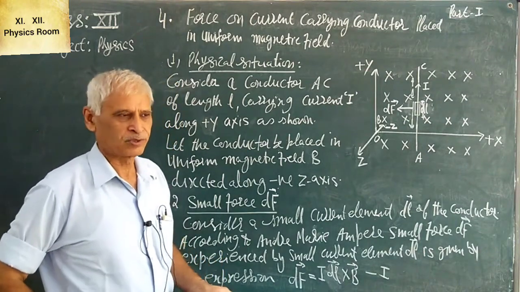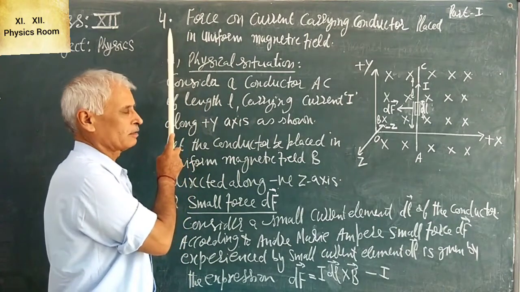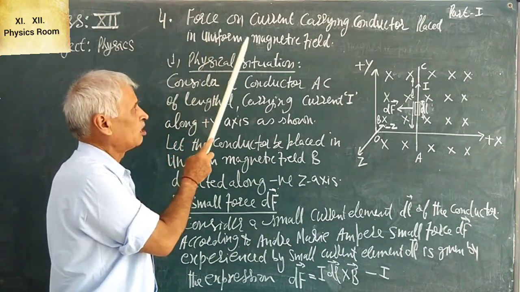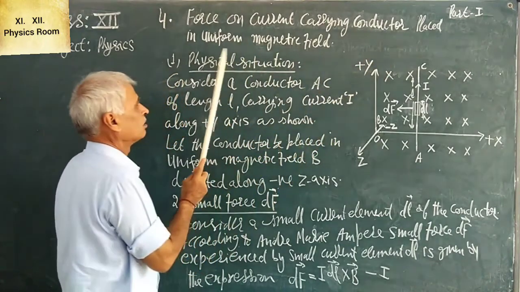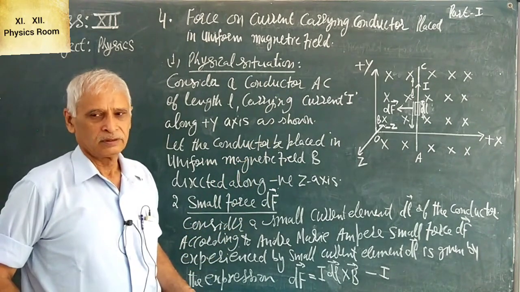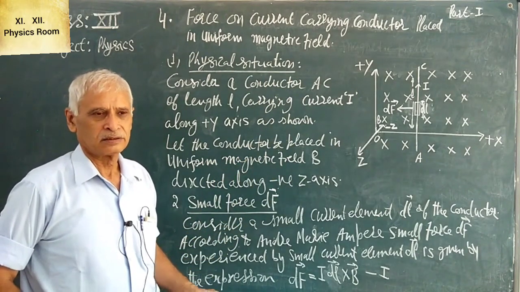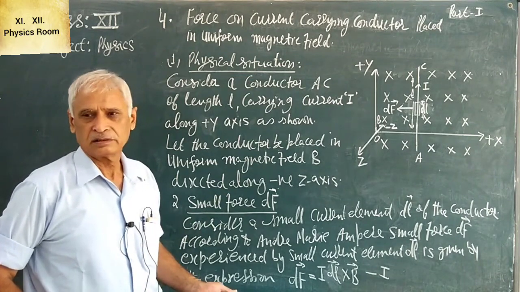Today we proceed to the fourth topic of this chapter, force on a current carrying conductor placed in a uniform magnetic field. Prior to this, we have studied three topics.